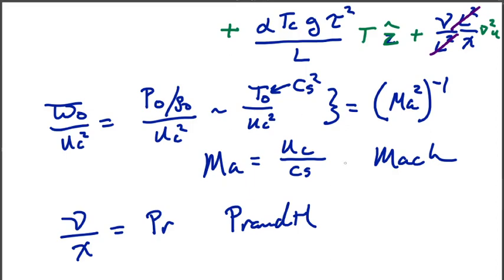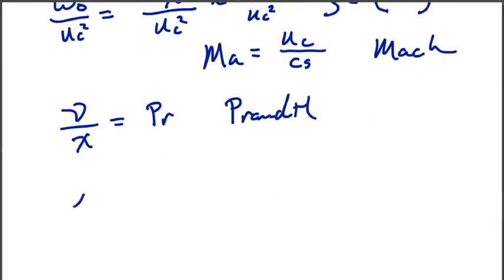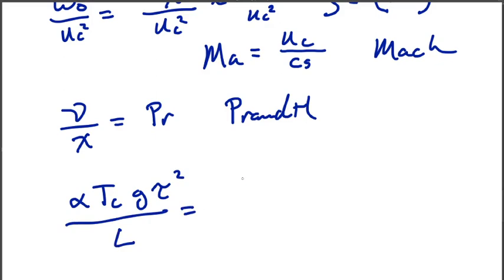Let's look at our last term here, the alpha T C G tau squared over L. Let's write this down. So this is our expansion coefficient times our characteristic temperature times G times tau squared over L. Let's insert our definition of tau.